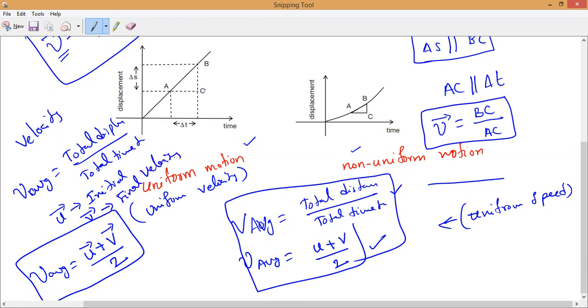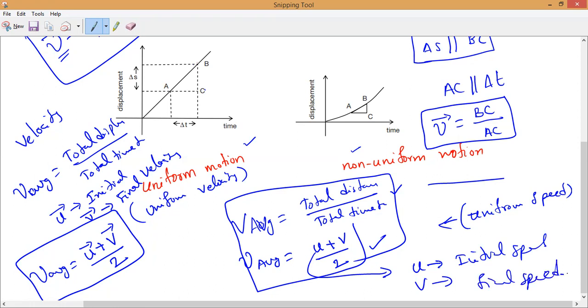That is what you have to remember. But here U means initial speed, and V means final speed. Clear, everybody? Yes, sir.